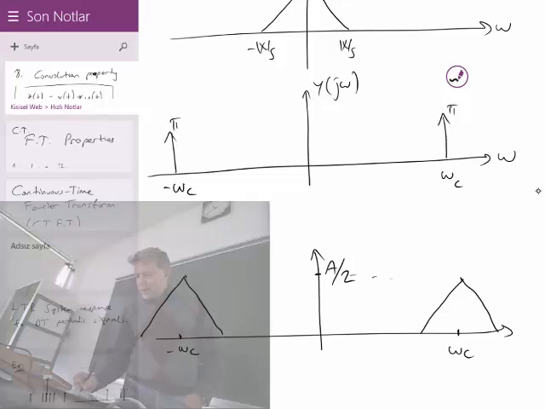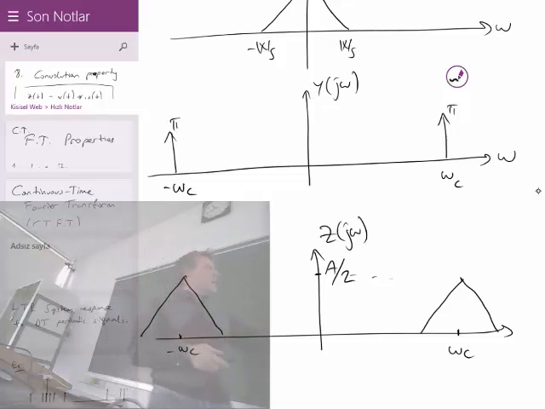So I'm drawing now Z of j omega, which is this shape. My original triangular shape has moved to around omega c and minus omega c, which are high frequency. This minus thing, don't think about it as a physical entity. It's just the conjugation. It just comes from the conjugation property, the mathematical property. Therefore, the whole thing is at omega c, or around omega c only.